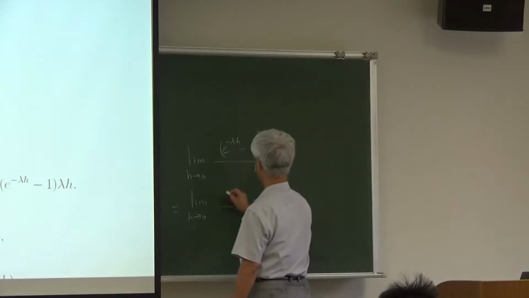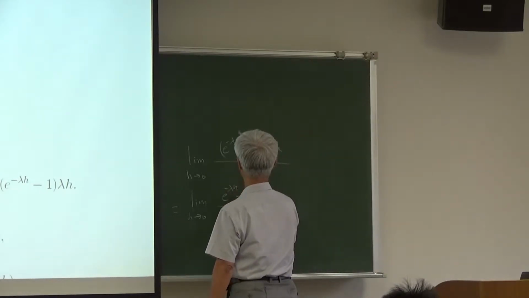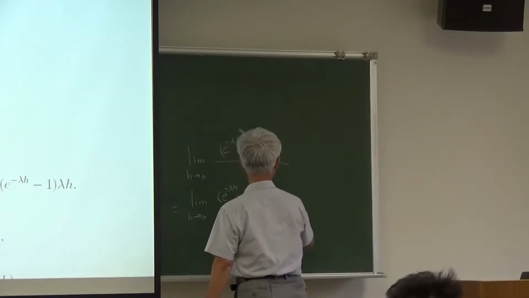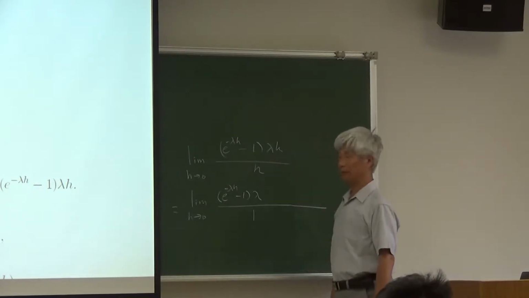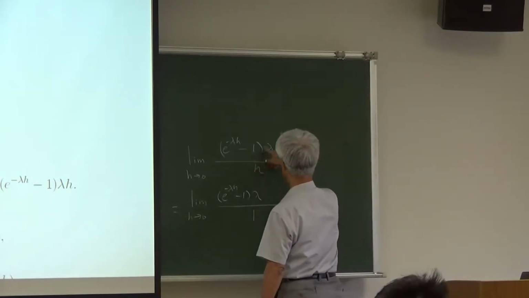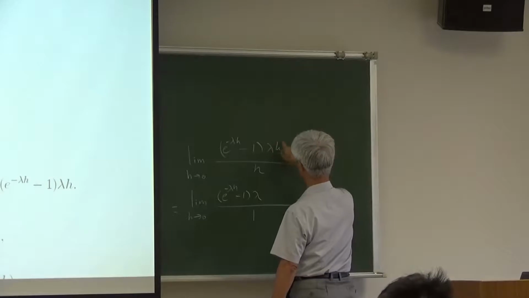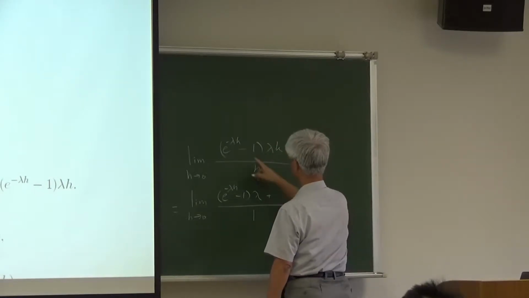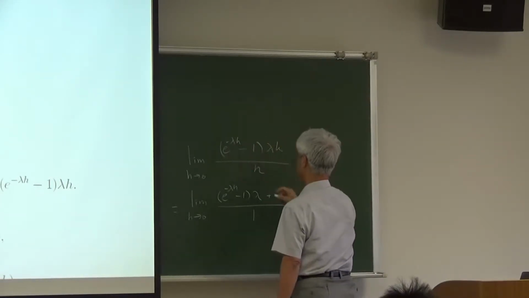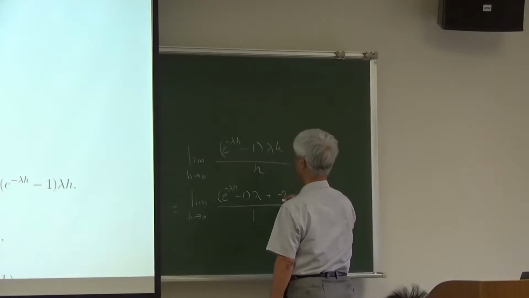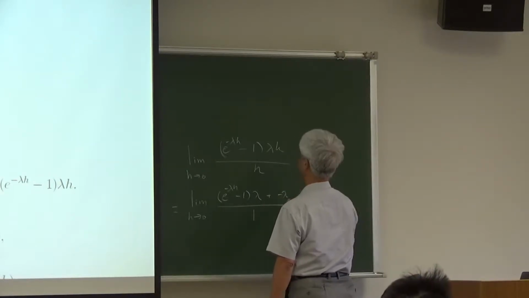The derivative of the numerator: we first take the derivative of this term, plus the derivative of this one, and the derivative of this one is minus h, and minus lambda.